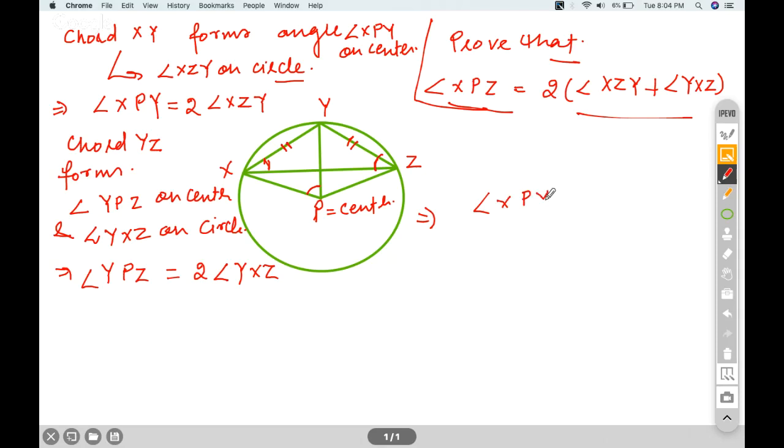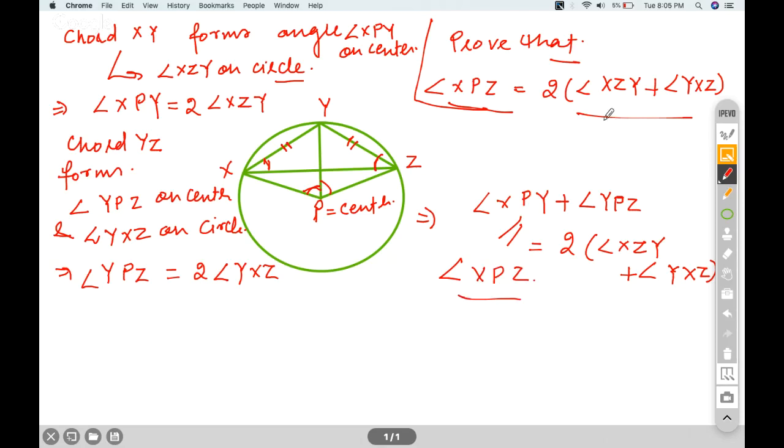Angle XPY plus angle YPZ is equal to 2 times angle XZY plus angle YXZ. And this XPY plus YPZ is nothing but angle XPZ. So this is what you had to prove.